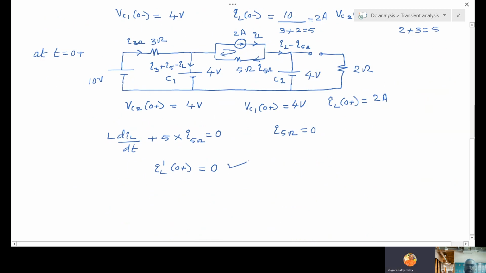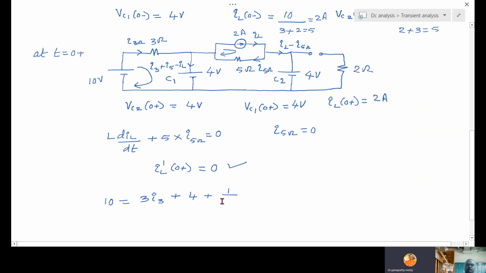So this is over. Next. Write the mesh equation in this loop. What is that? 10 is equal to 3 into I3 plus already initial voltage 4 plus 1 by C1.